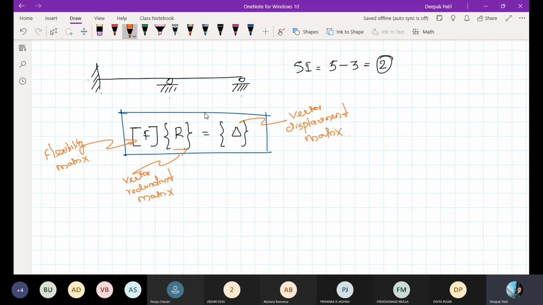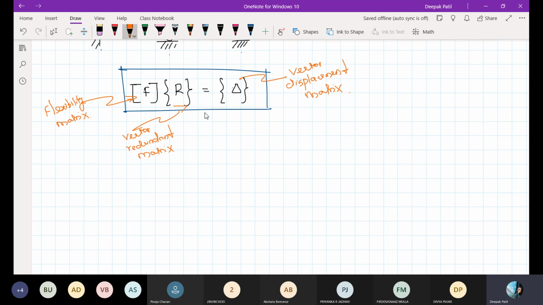Now, if I put a flower bracket, what is the meaning of that? Flower bracket means it is a column vector, so the matrix has elements only in column form. Only one column will be there.